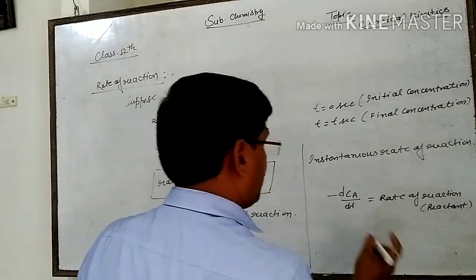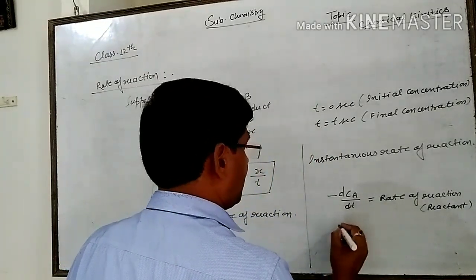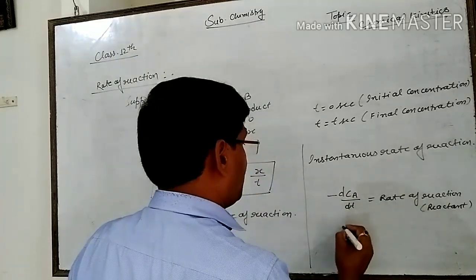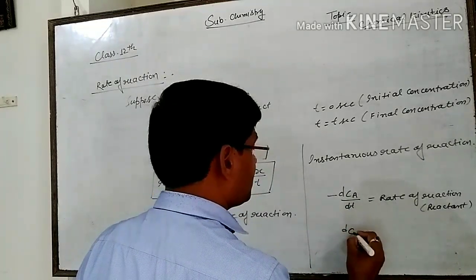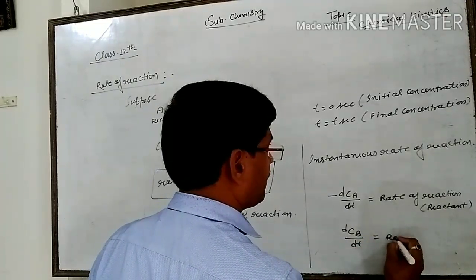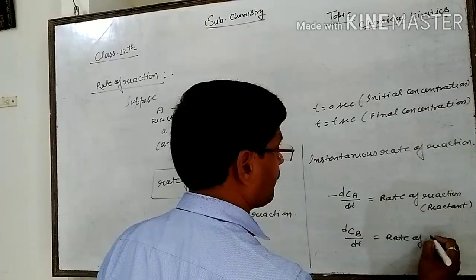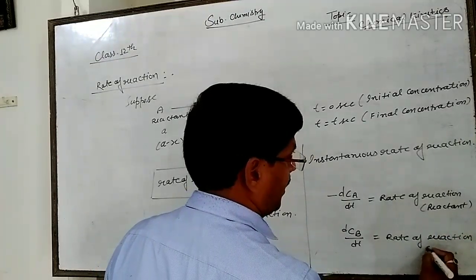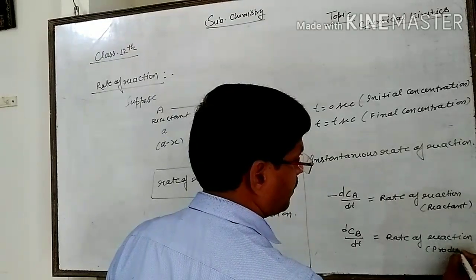For the product, rate of reaction, in place of negative I do not have to mention the sign, it is d concentration of B upon dt. This is the rate of reaction for the product.